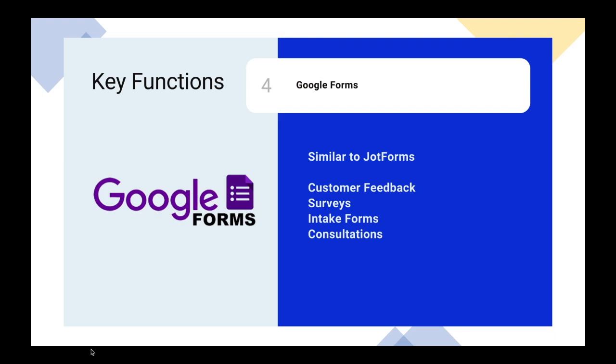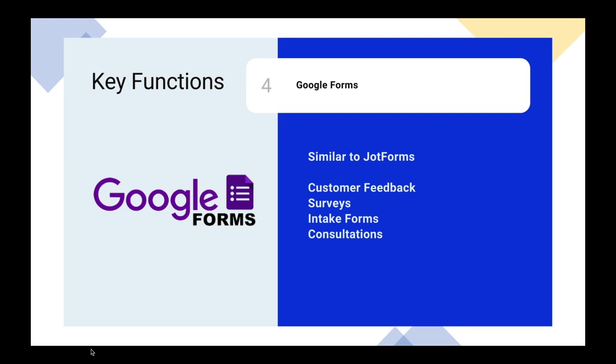Google Forms is similar to Jotform. So if you're familiar with Jotform, where you've ever had to open up something and there's a form that asks you for your name, your email, and a couple different pieces of information, the Google form is the same way. One of the pluses about Google Forms that I like is that you get to design it also and customize or brand it based on your salon.